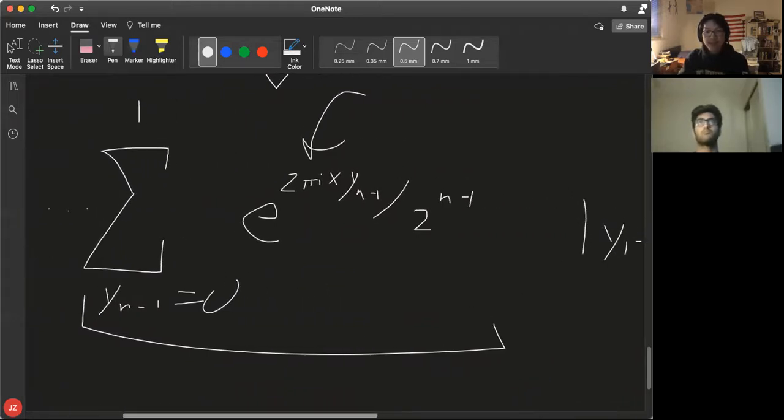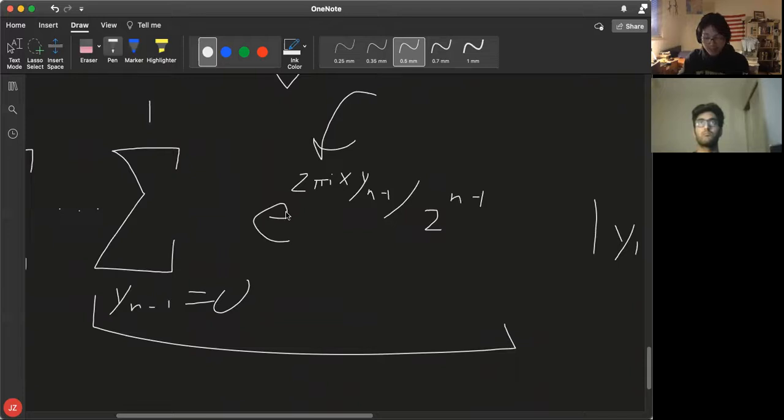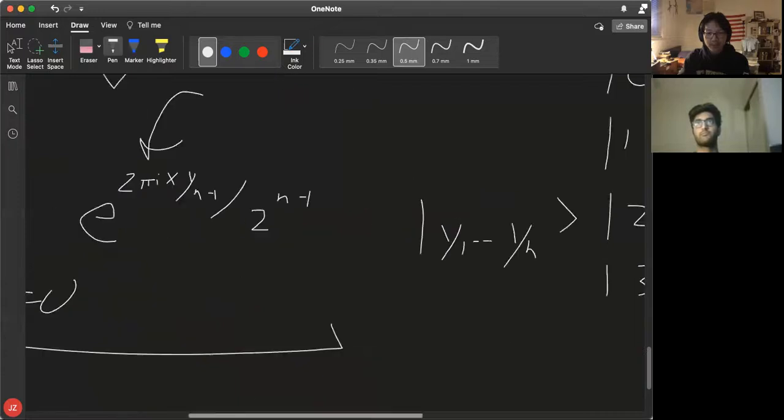That is the multiplicative factor that goes along with this particular summation. You can see it's targeting n minus 1 here.